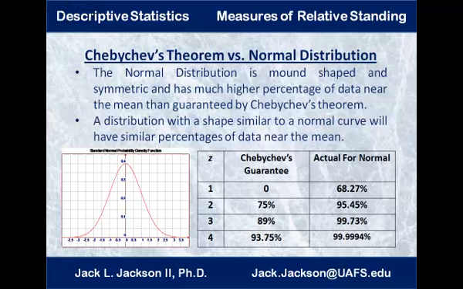With the empirical rule, they're assuming the data is normal or very close to normal, and so they're using the values from the normal curve. Whereas with Chebychev's theorem, if we don't know anything about the distribution, we would have to go with these values for how much is within z standard deviations of the mean. But if it's a normal curve or something very close to normal, we would approximate with these values over here.